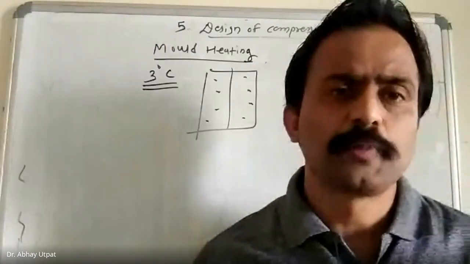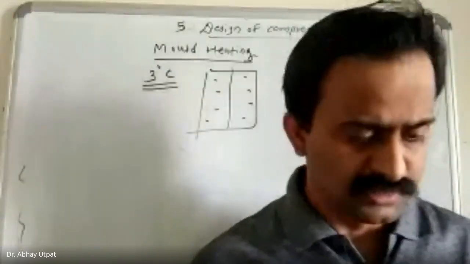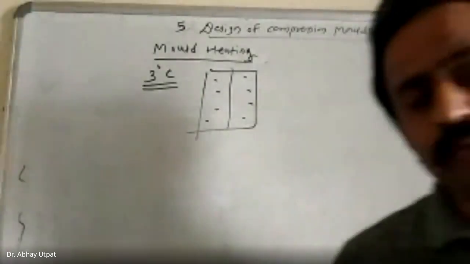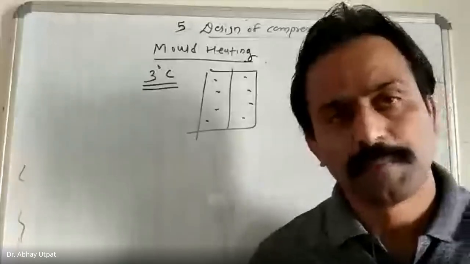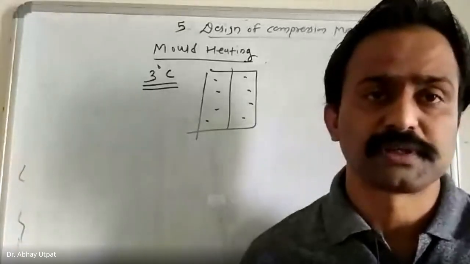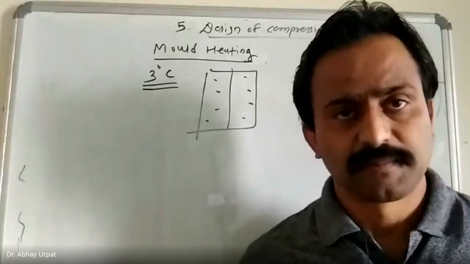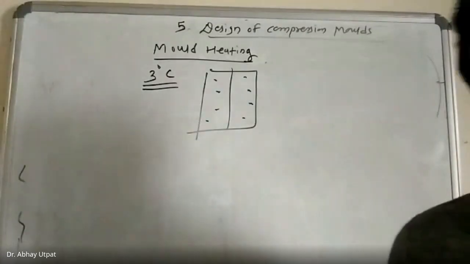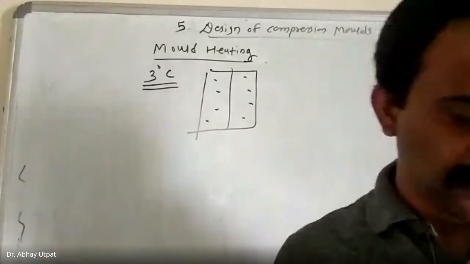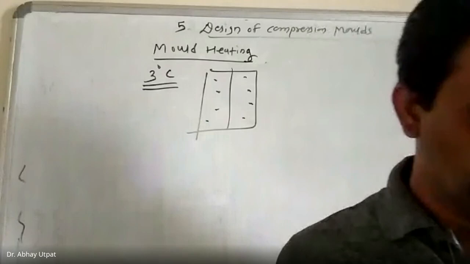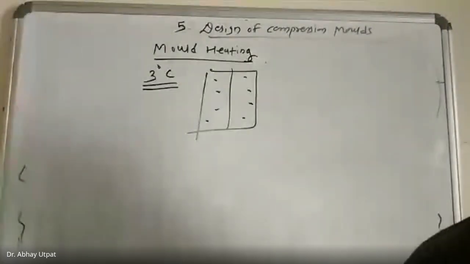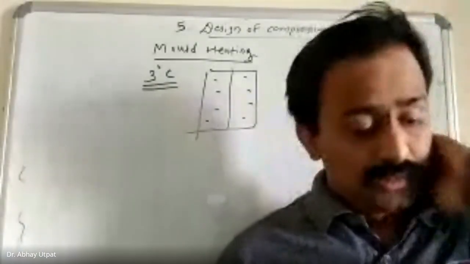It is more difficult to maintain uniform temperature with electric cartridge heater. Full stop. Steam heating is most efficient. Full stop.